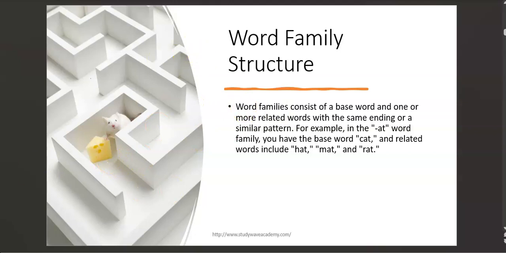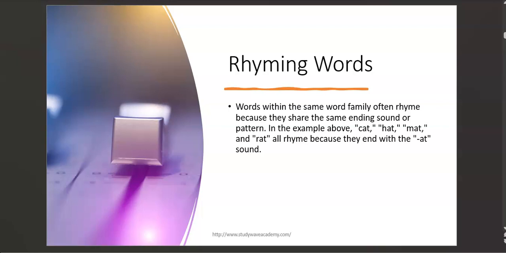So let's move on, class, and look at rhyming words. Words within the same rhyming family often rhyme because they share the same ending sound or pattern. For example, cat, hat, and rat all rhyme because they end with the at sound. So these are ways in which rhymes come about. I'm insisting on how we can know whether words are rhyming or not.